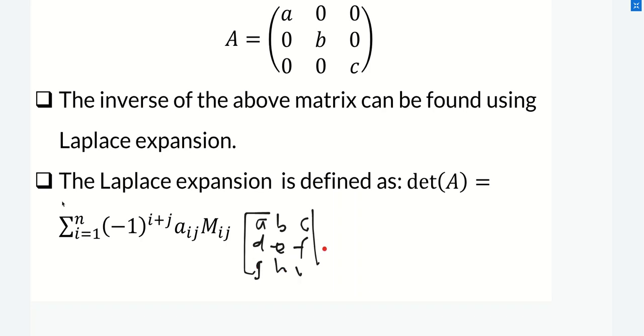All right. So if you want me to find the determinant, we said we use the Laplace expansion, and that is the formula we have over here. It alternates because of the negative one over there.